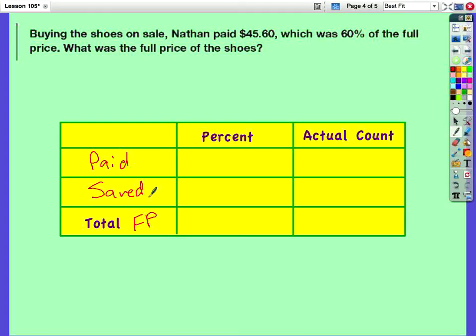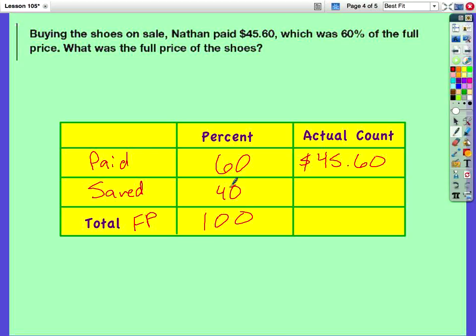Middle box is going to be what we saved, and the bottom is going to be our full price. So you paid $45.60, so that's going to go in our actual count. And that was 60% of the full price. Okay. So he paid 60%. Full price is 100, so we saved 40%.